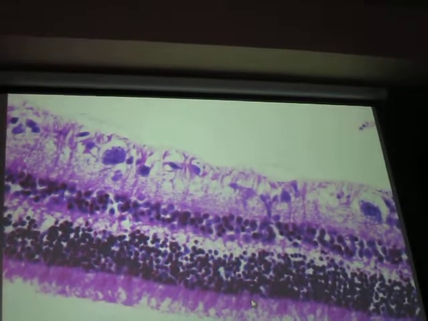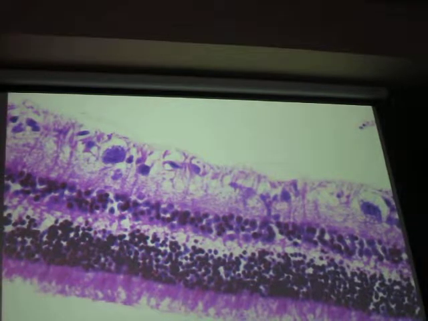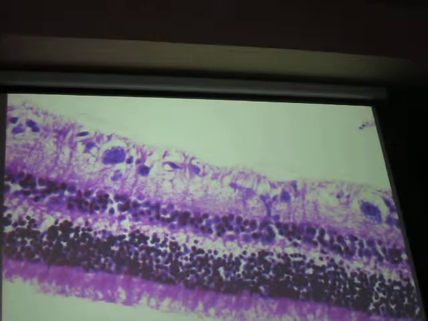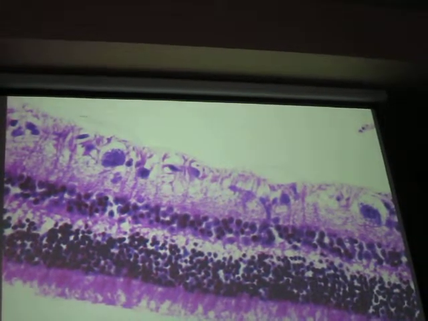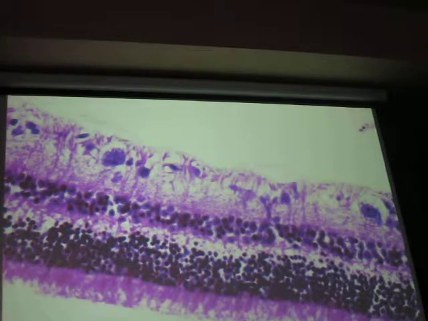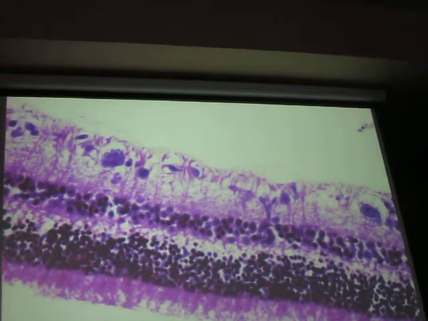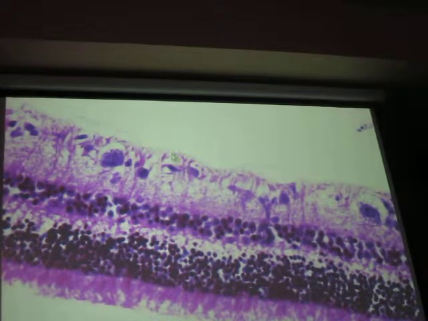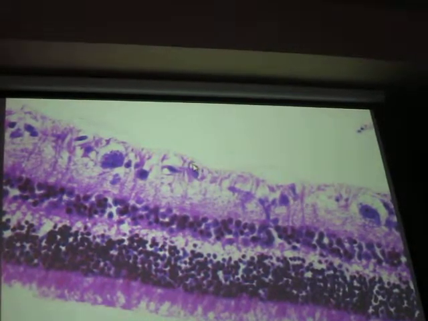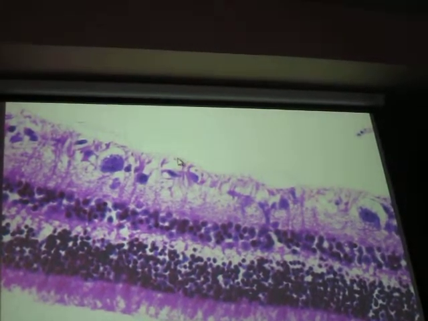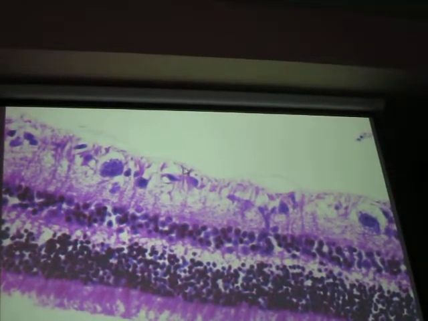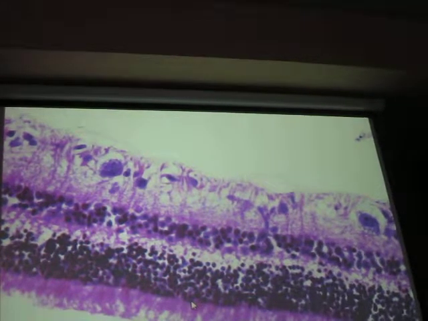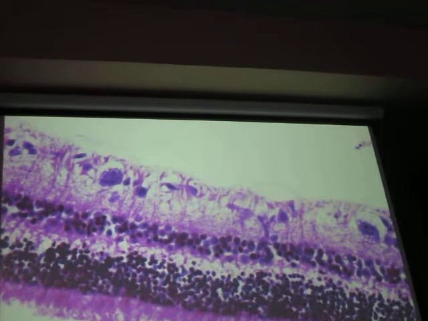Beneath the outer nuclear layer you have the outer limiting membrane, then the photoreceptors, the layer of rods and cones. At the innermost you have the inner limiting membrane.